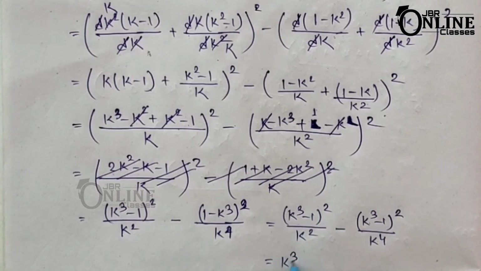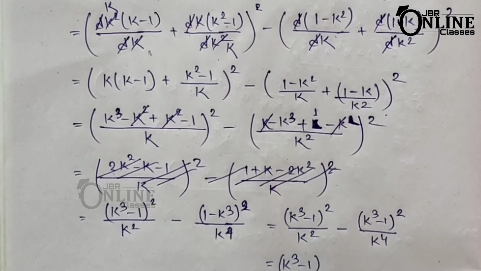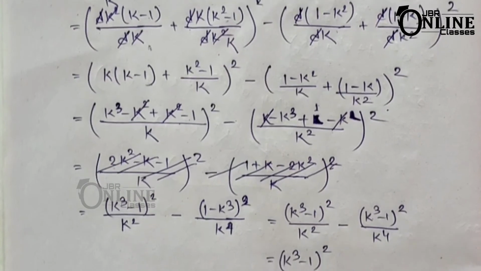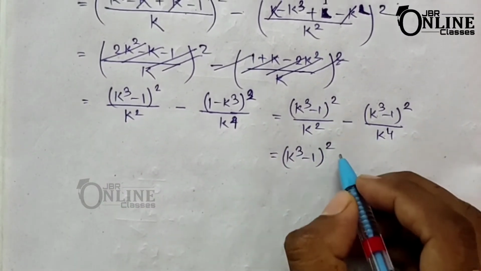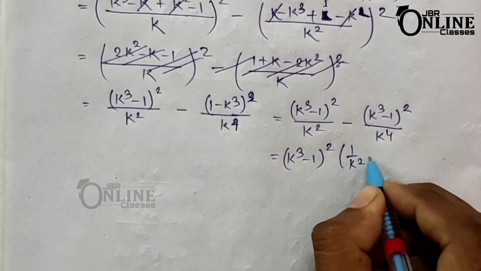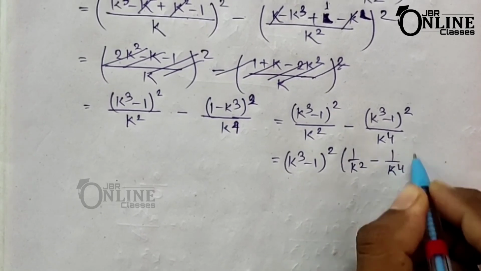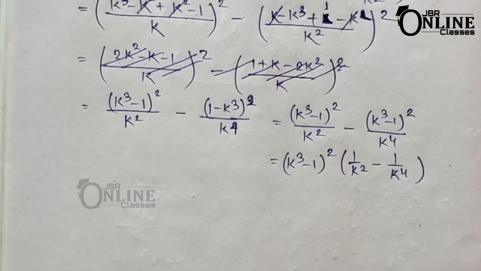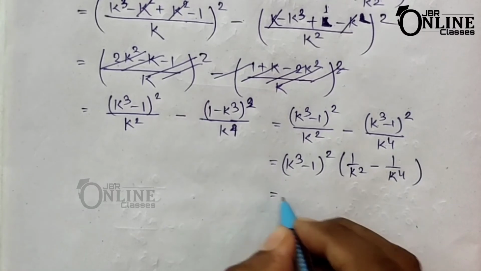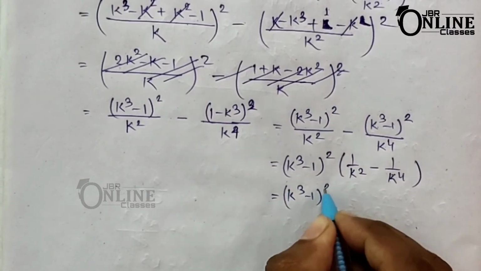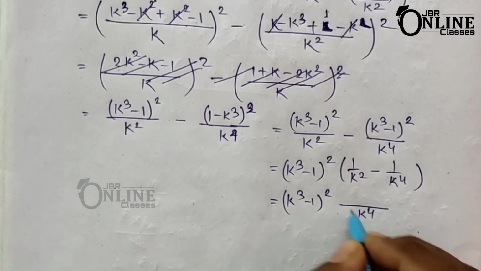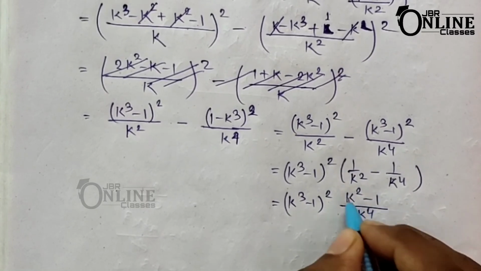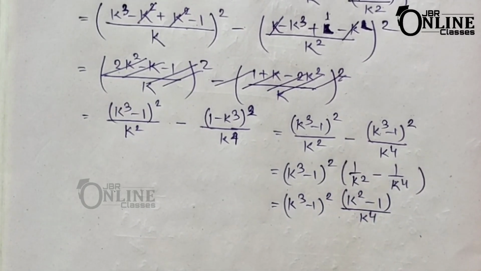So k cube minus 1 whole square is common, and it becomes 1 by k square minus 1 by k to the power 4, which equals k cube minus 1 whole square, and k to the power 4 is the LCM, so k square minus 1. So that is the left hand side.